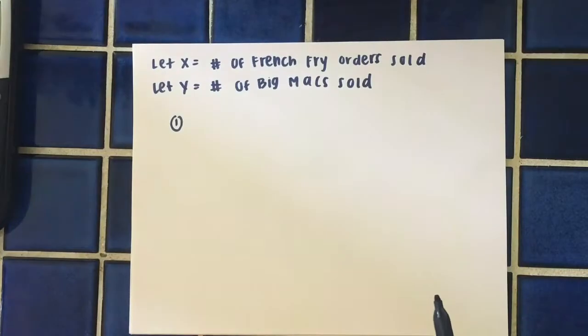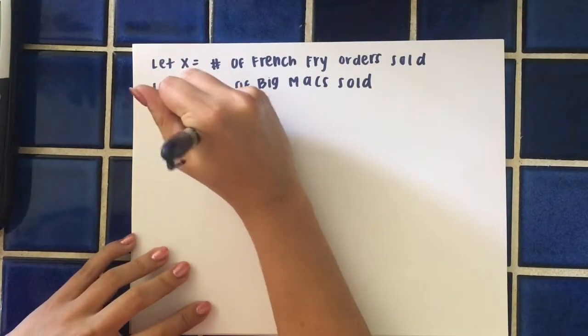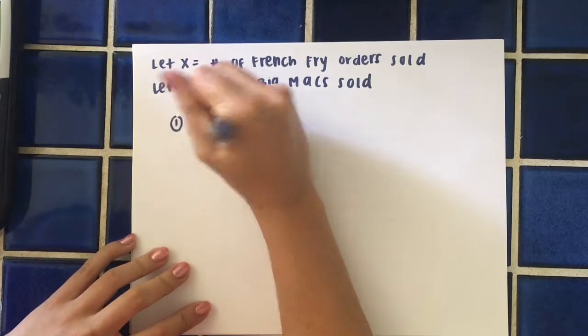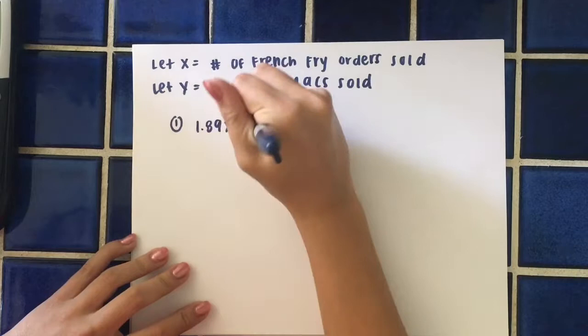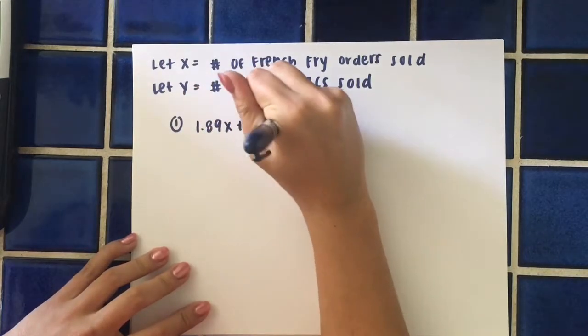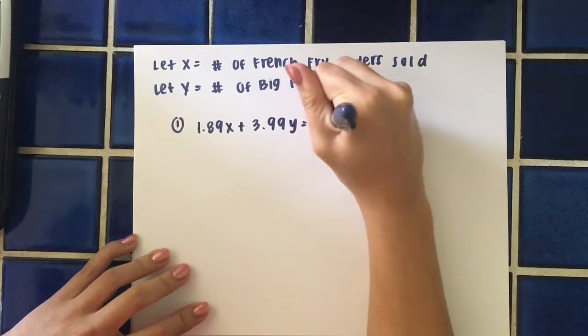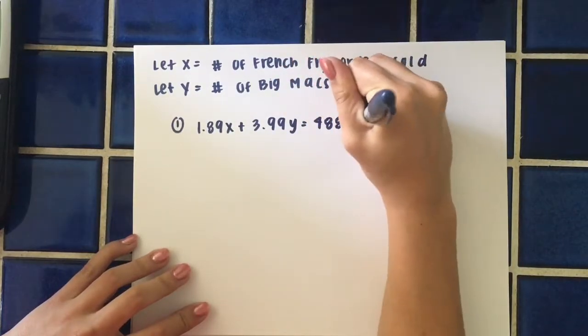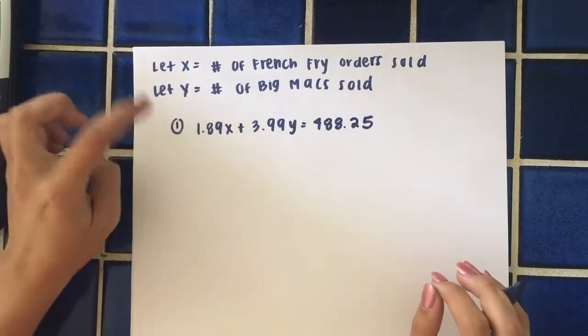So let's write that into one equation. So we have each order of French fries is $1.89, and then put x plus 3.99y, and that equals 488.25.